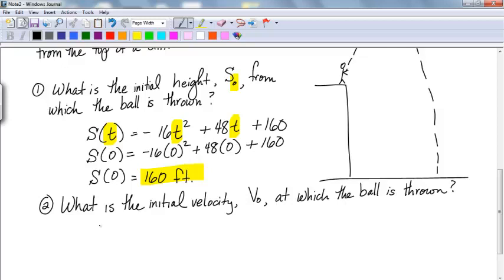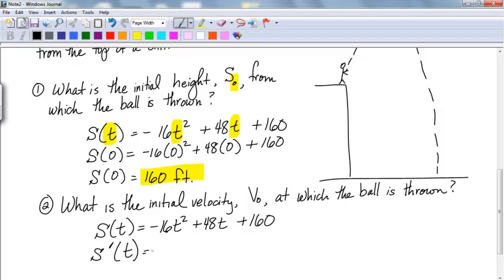So if you go back to S of t equals negative 16t squared plus 48t plus 160, S prime is the same as velocity. So take this exponent times the number in front, and then decrease that exponent by 1. And then same thing, take this exponent, which would be a 1, times the number in front, and decrease the exponent, and it's just 48.